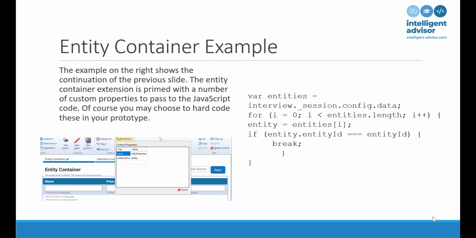Of course, you could hard code it all, but if you want to write code that you can reuse in many different places, having properties like this to pass in valuable information can make your code more reusable. So in the code on the right, it could be that I'm going to scan through the list of entities looking for a particular entity ID.